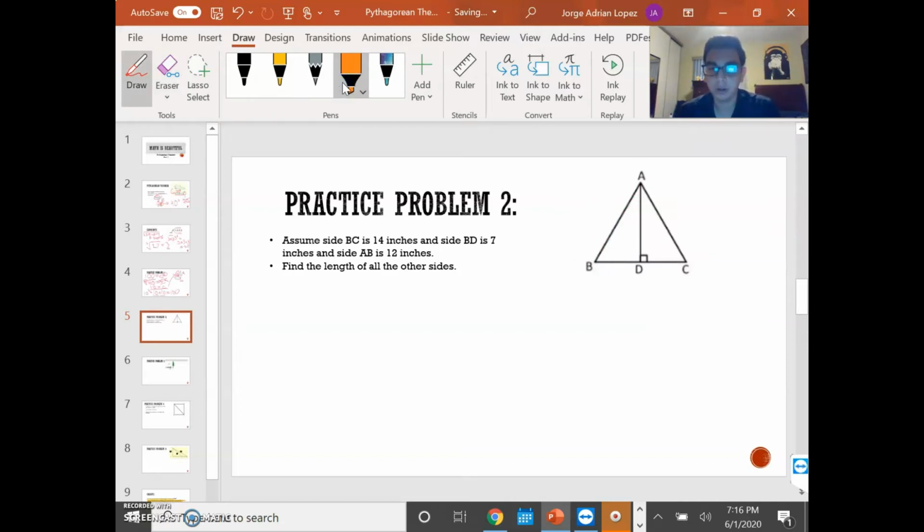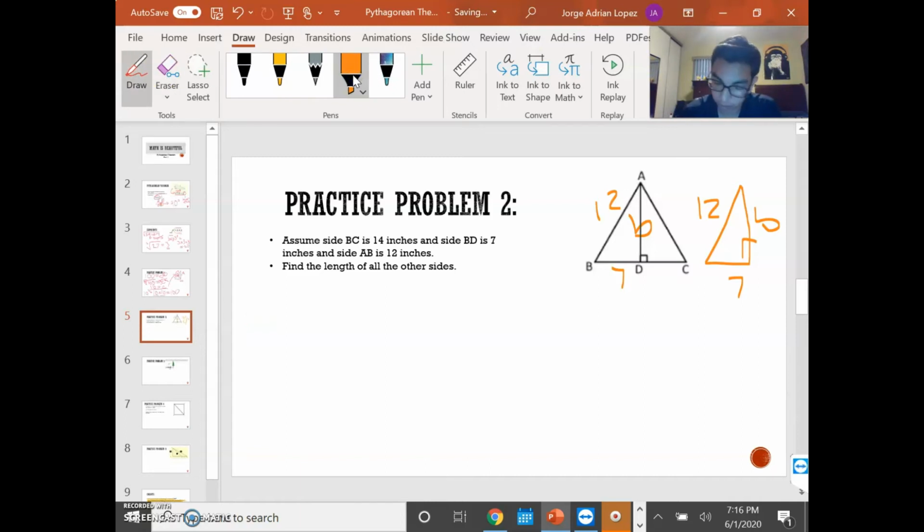So we know B to D, that was 7. A to B, 12. And we're figuring out this side of the triangle, which is our B, our little b. Little b, 12, 7.